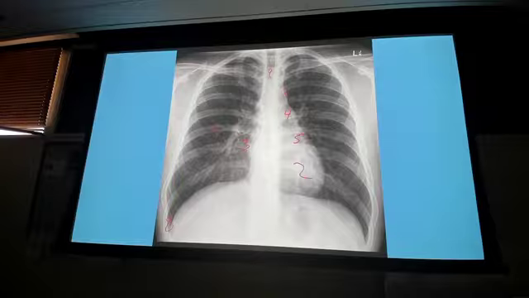Right? 1, 2, 3, 4, 5, 6, 7, 8th posterior rib. This is one of those pictures where if you're like, oh yeah, here's 1, here's 2, you can easily get mixed up if you're not using that anterior rib trick I showed you to come up and come around and follow it around. Good.